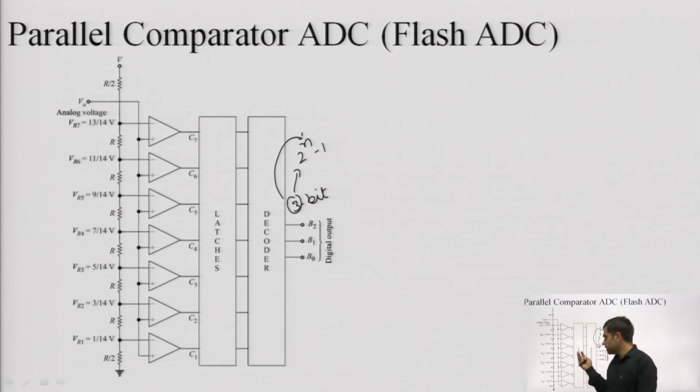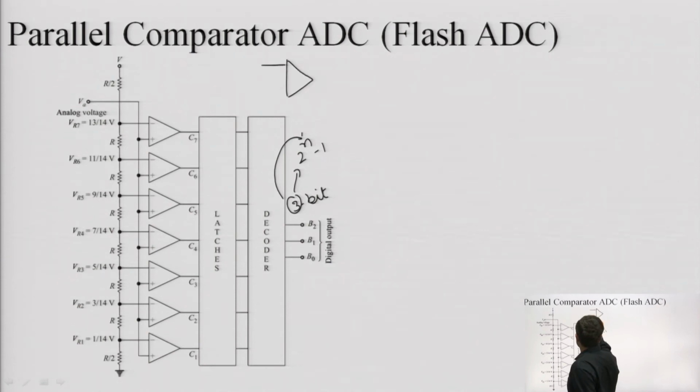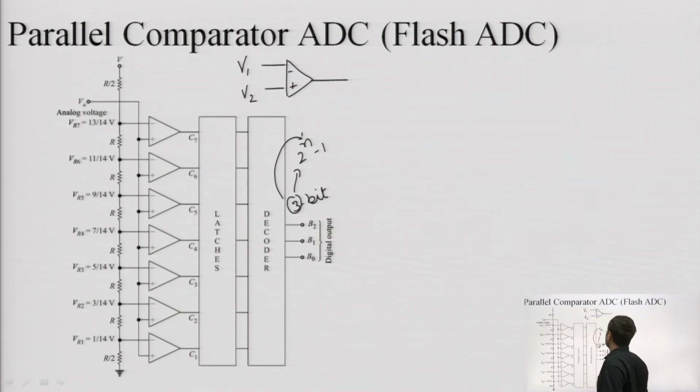And what is this comparison? We have seen the op amp used in inverting or non-inverting configuration in DACs, but here we are applying input to both the terminals. In that case, this op amp will be deciding whether the input is greater than or lower than the other.